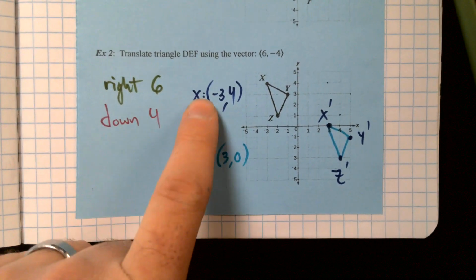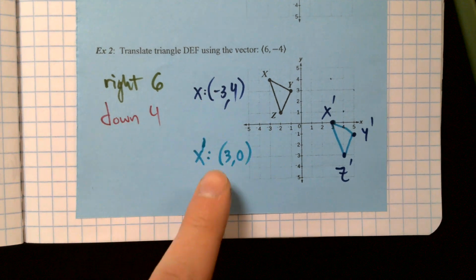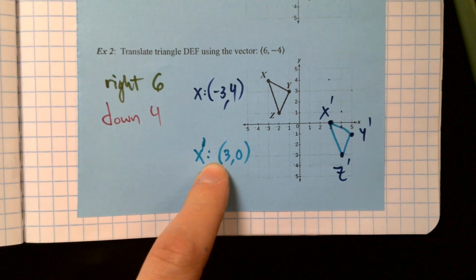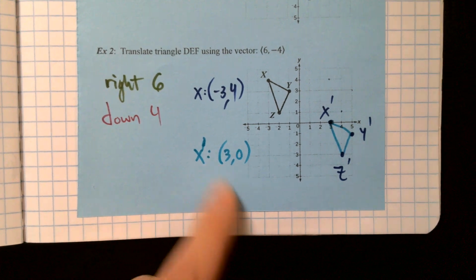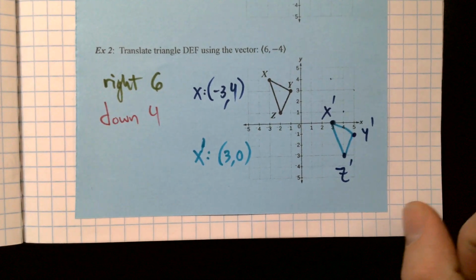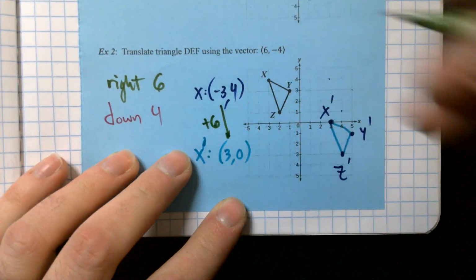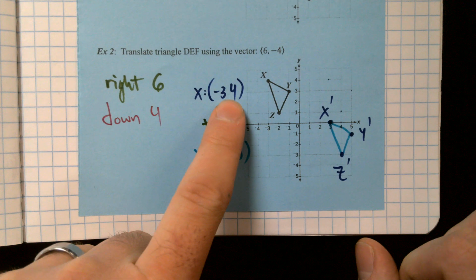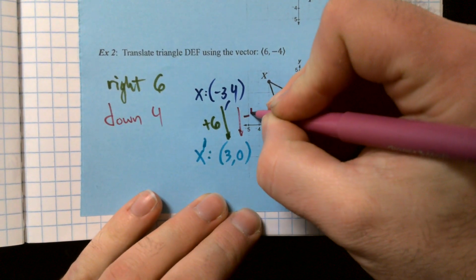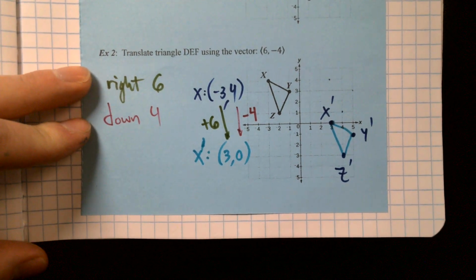So if I'm comparing my pre-image coordinates to my image coordinates, my x coordinate went from -3 to +3. What is that a change of from -3 to +3? 6 in the addition sense or the subtraction sense? Addition. So I'm adding 6 to my x. And then my y coordinates, how would I get from 4 to 0? I'm subtracting 4. Does that match up with the vector that we originally started with?